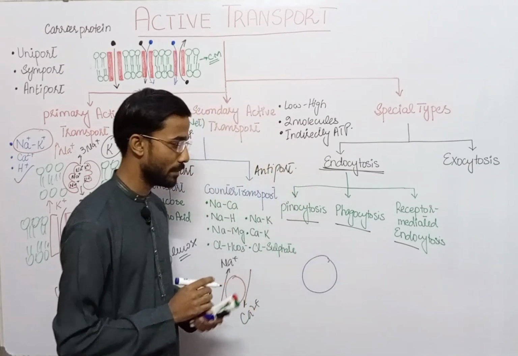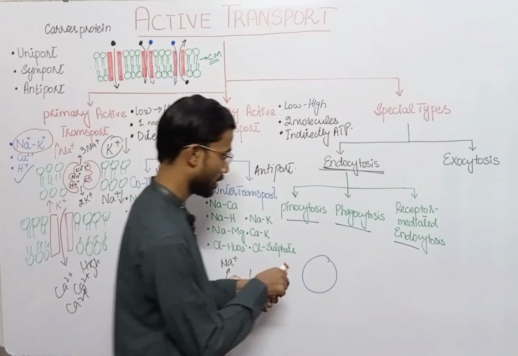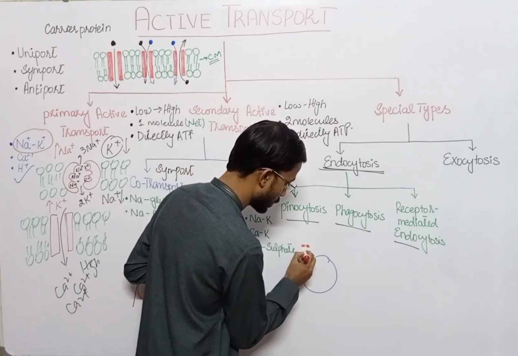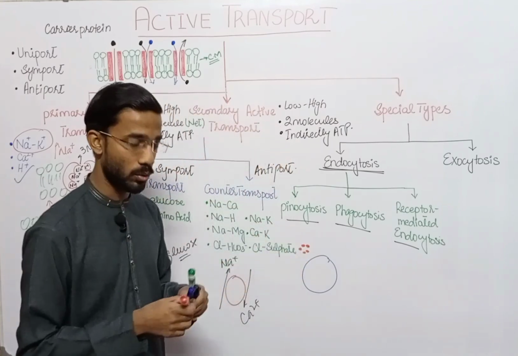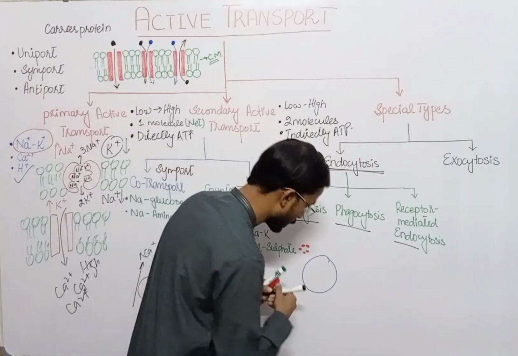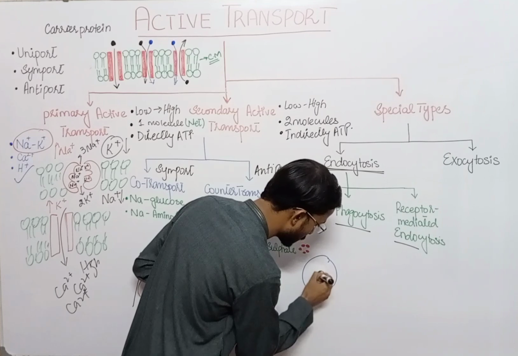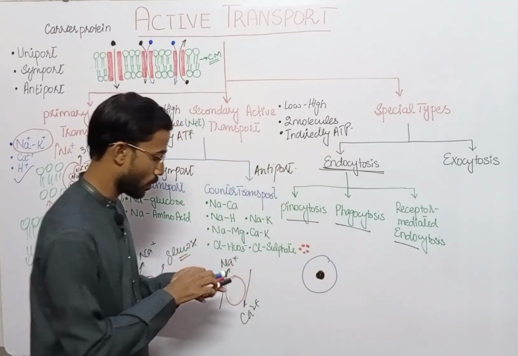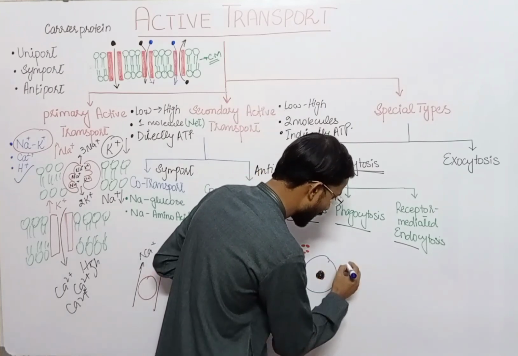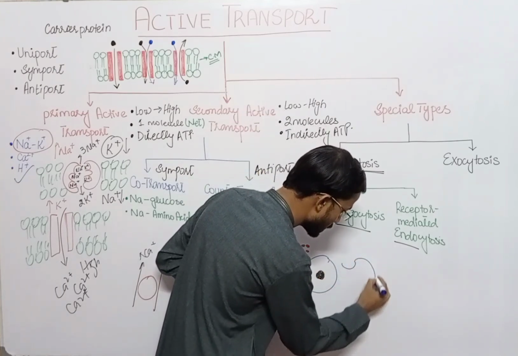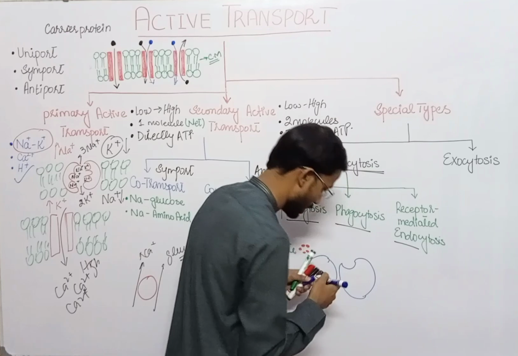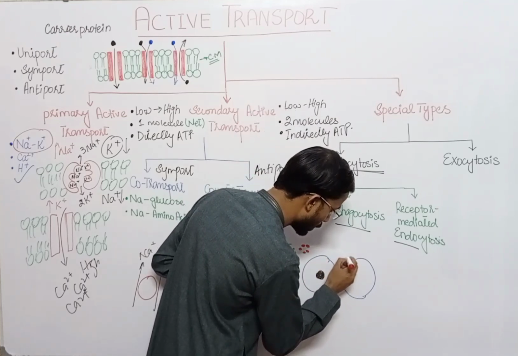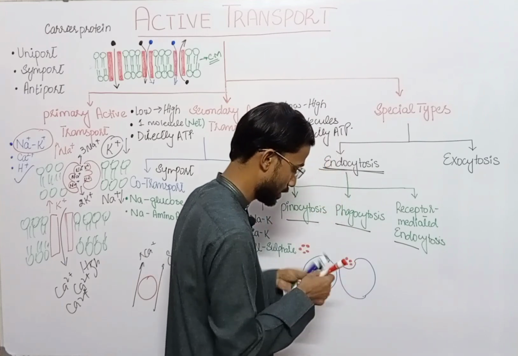So here you can see, this is the structure of the cell, and here are the different substances present outside the cell, and here is the nucleus which is present at the center of the cell. The cell membrane will invaginate inside, and these substances will be trapped by the cell membrane.